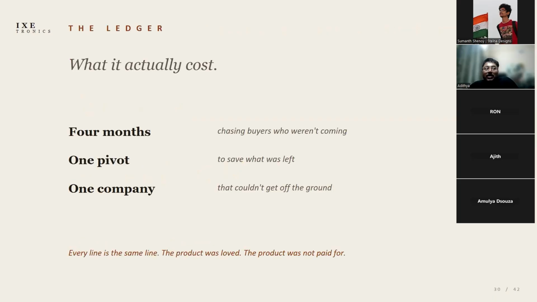The truth of the matter is that we spent 4 months chasing these buyers because they said it was good. We spent at least another 4 months building the early POCs and MVP because we felt people were showing interest. Because of the time that we spent on this, we were not able to get the company off the ground.